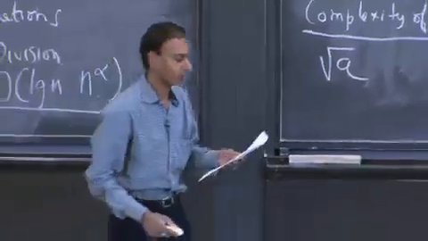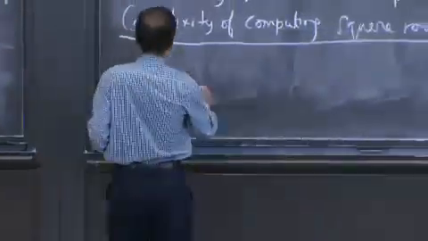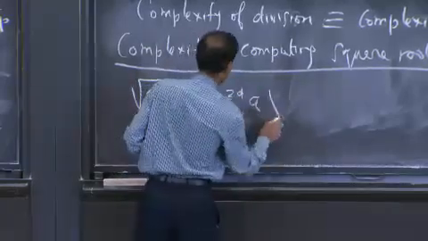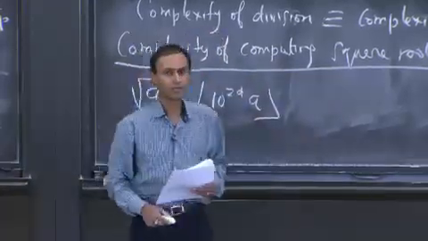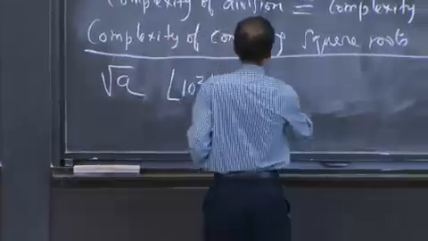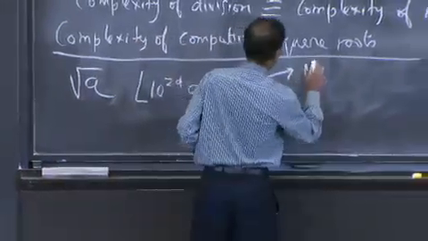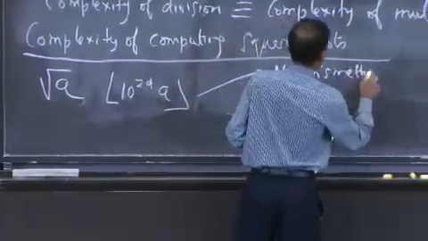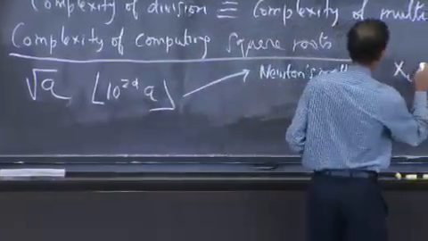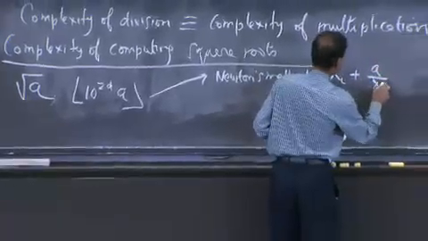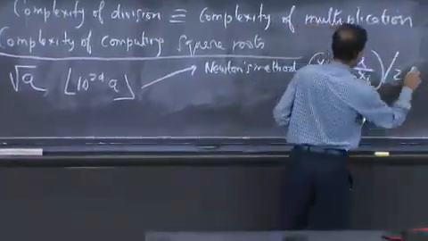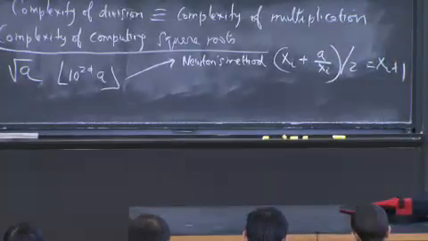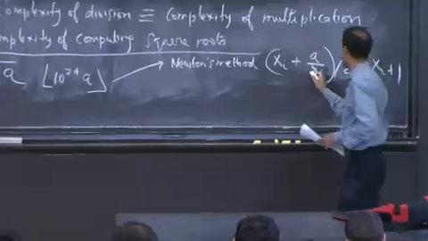And we said, well, we don't quite know how to do this. We're going to end up doing 10 raised to 2d times a, and we're going to run Newton's method on it. So you've got one level of Newton's method. And the iteration with respect to Newton's method is something like x_{i+1} equals x_i plus a divided by x_i.